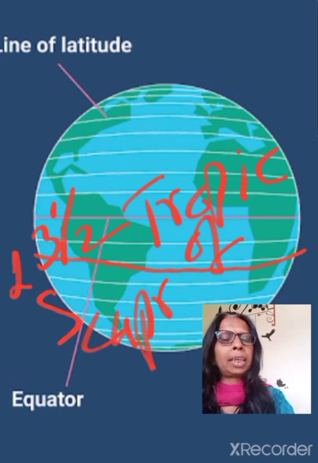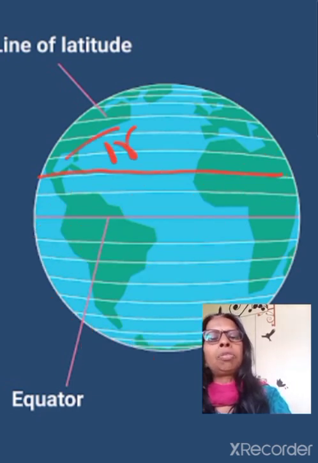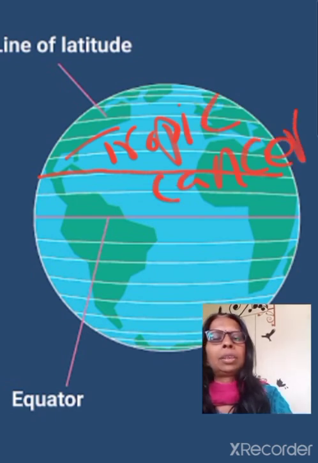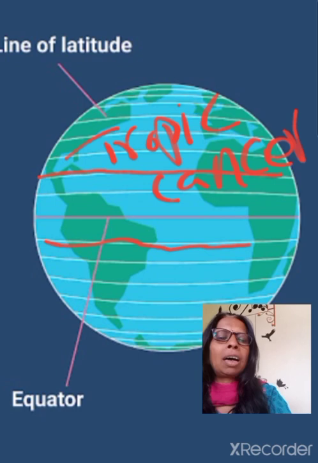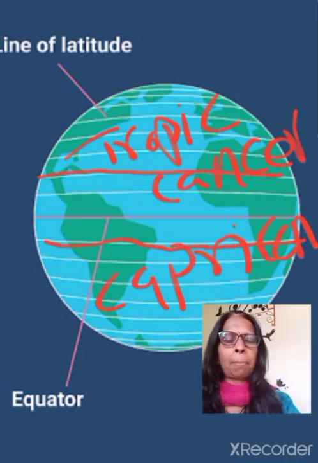So 23.5 degrees north is what? Tropic of Cancer. And 23.5 degrees south is Capricorn. So this is about Tropic of Cancer and Tropic of Capricorn.